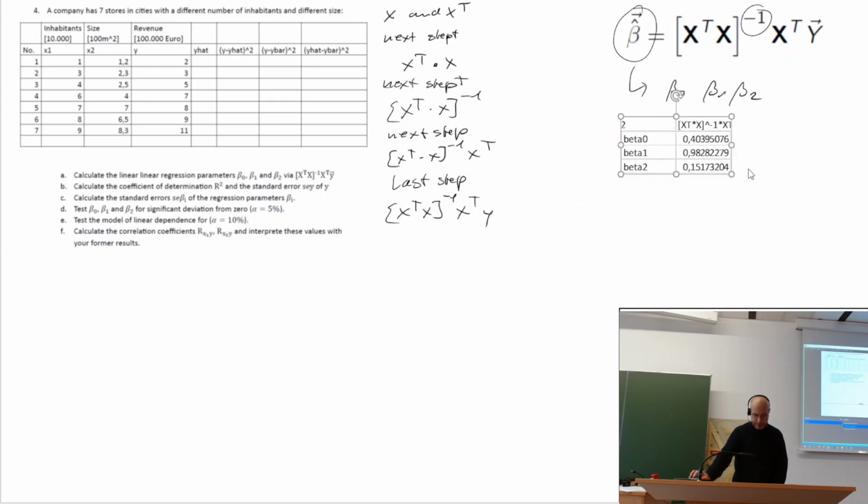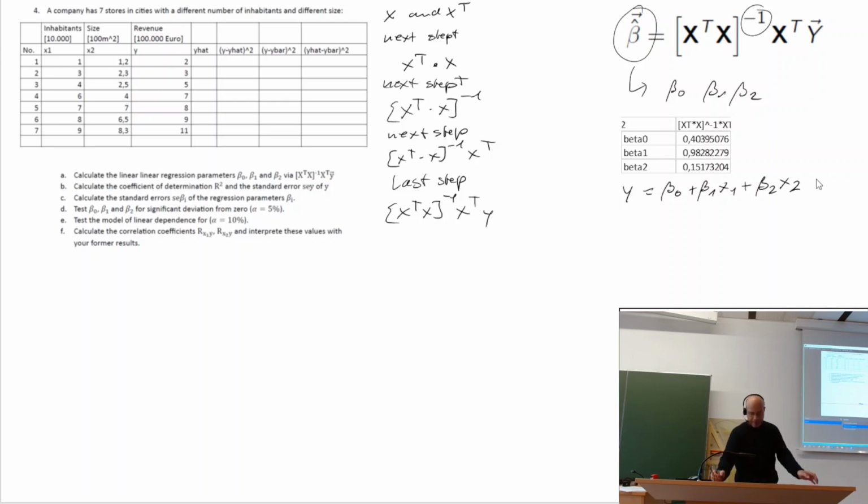We could say that we had in general our ansatz: Y is beta 0 plus beta 1 x1 plus beta 2 x2.